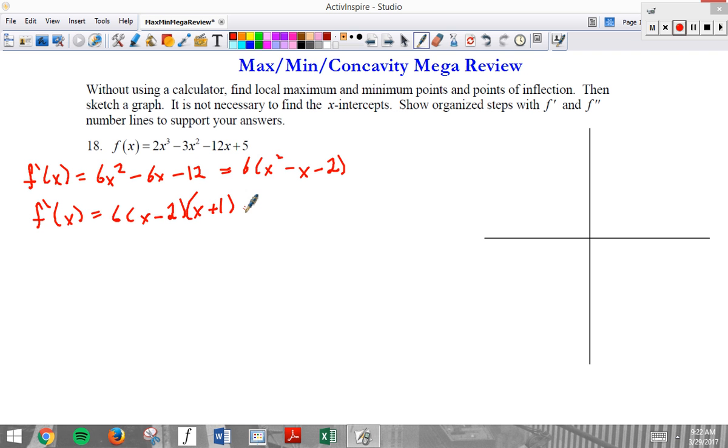So that's the first derivative. The second derivative, and for that I'm going to go back to the non-factored form, is 12x minus 6. You could factor this too, but you don't really need to.